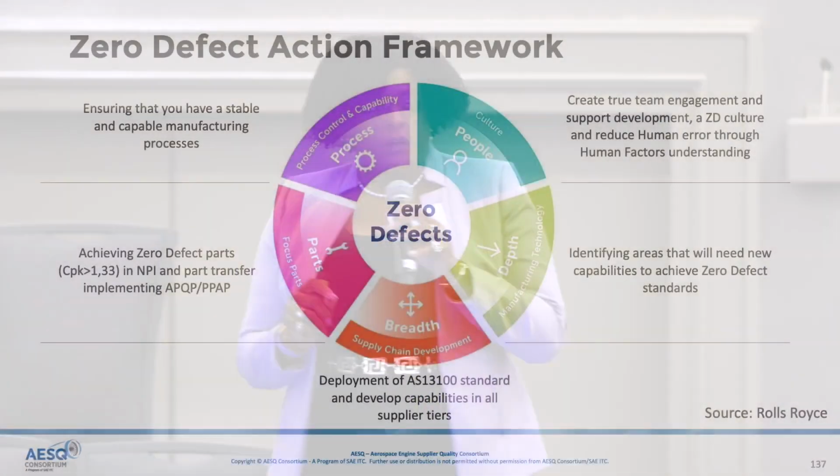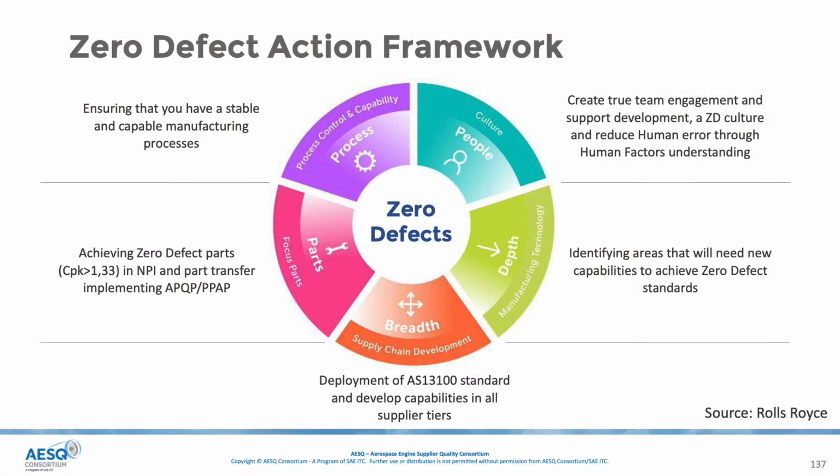Breadth, supply chain development, deployment of AS 13100 standard, and develop capabilities in all supplier tiers. And parts, achieving zero defect parts, CPK greater than 1.33, and NPI and part transfer, implementing APQP, PMP, PPAP.